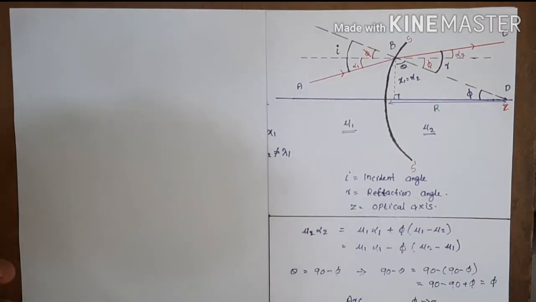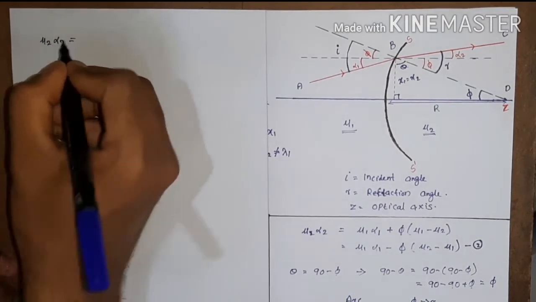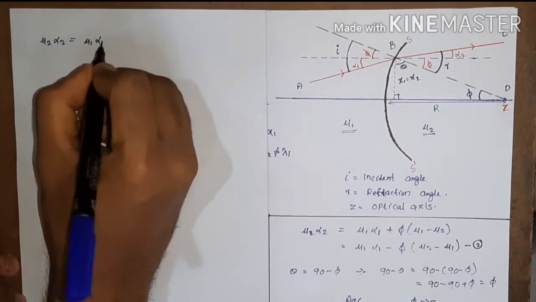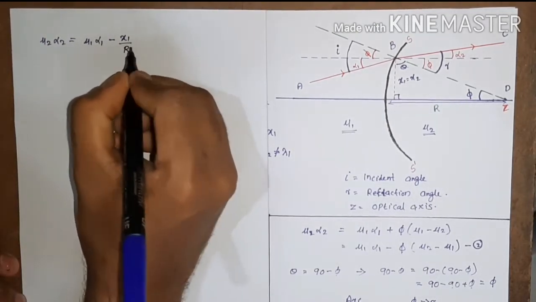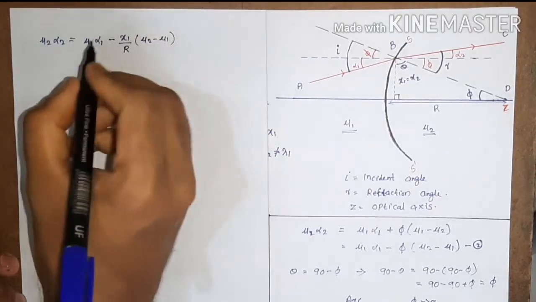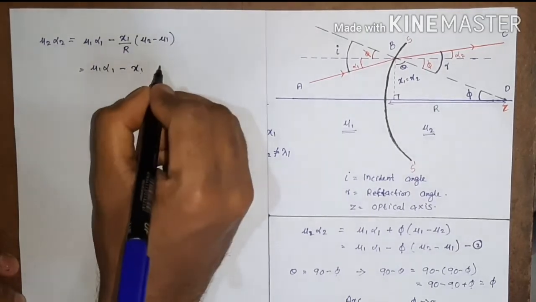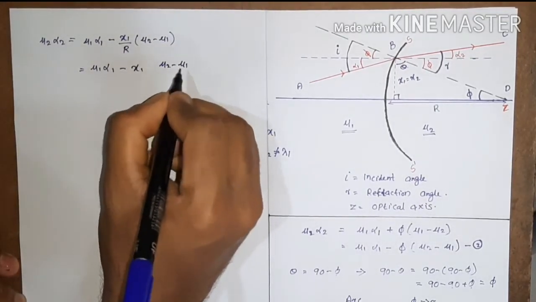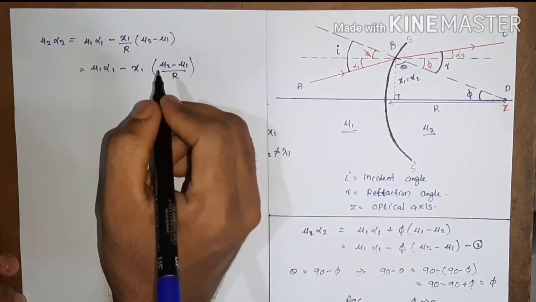Now I am substituting the value of phi in this equation. Let it be equation number 2. I can write it as mu2 alpha 2 is mu1 alpha 1 minus x1 divided by r into mu2 minus mu1, or mu1 alpha 1 minus x1 into mu2 minus mu1 divided by r.